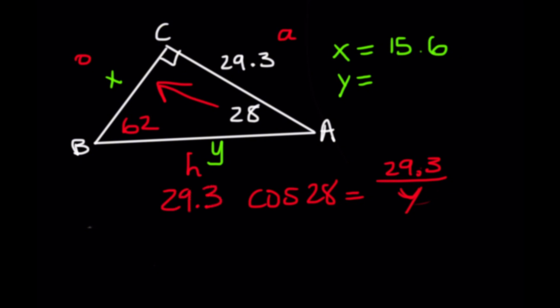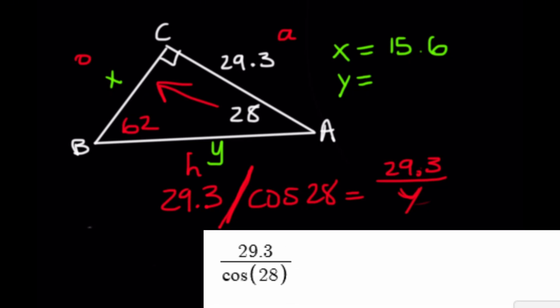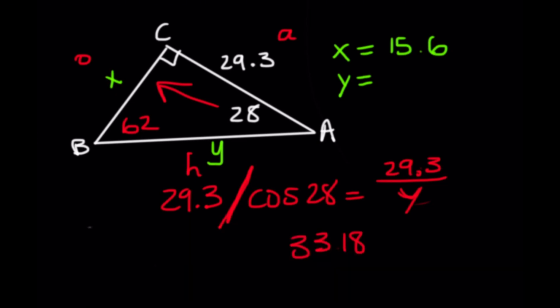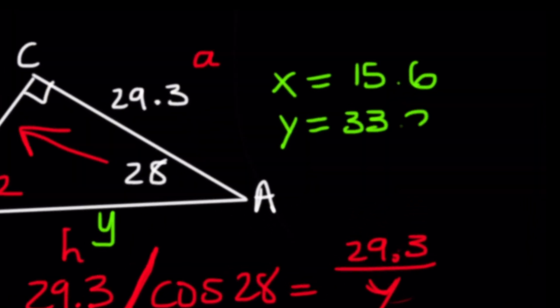We're going to place the 29.3 over here, so the function can be divided by that. So that should give us 33.18 or 33.2. So Y equals 33.2.